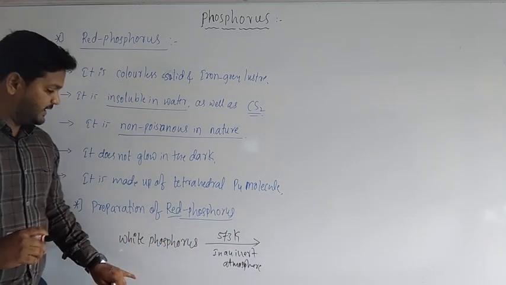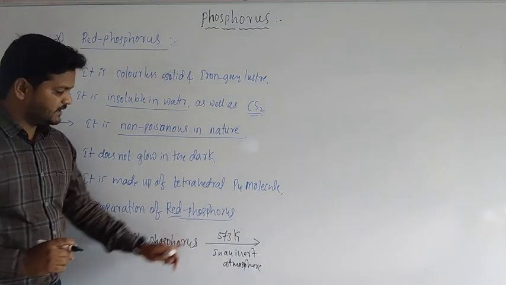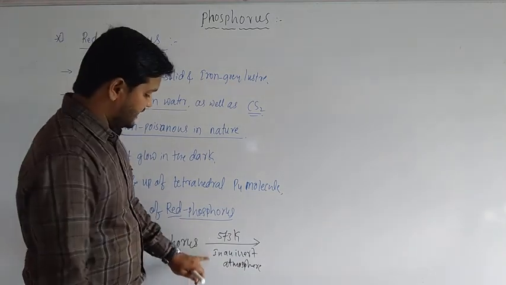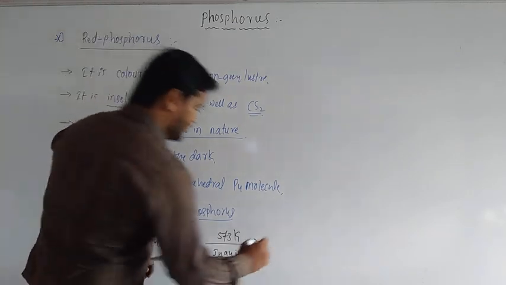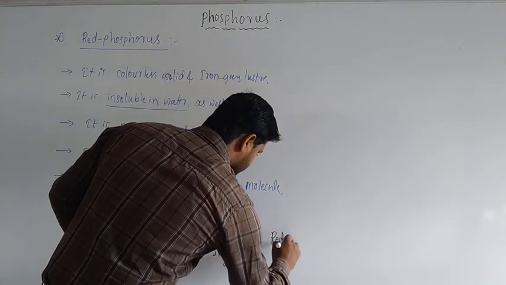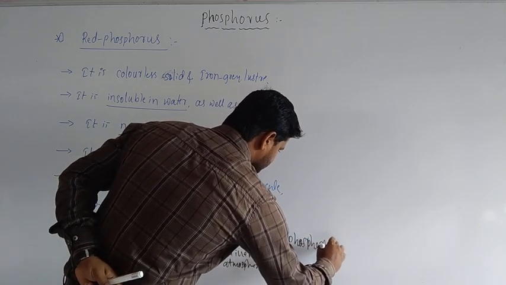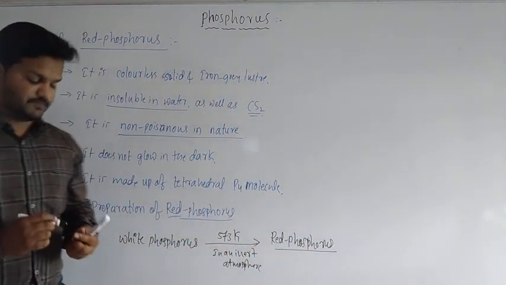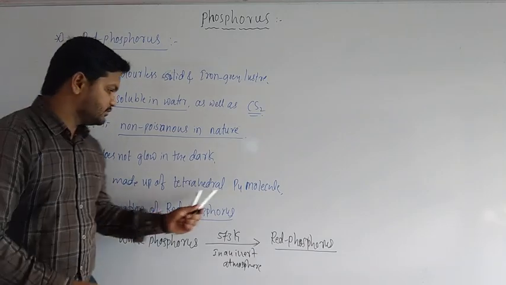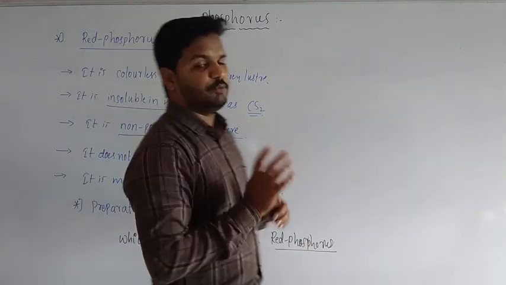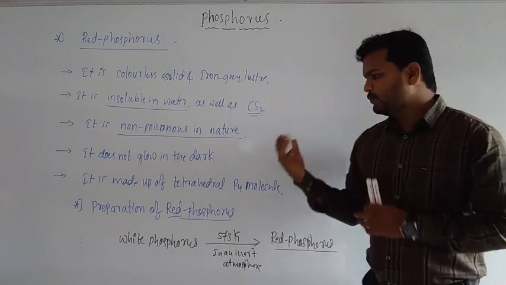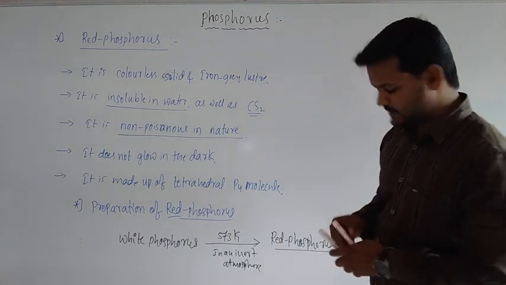Here, student, white phosphorus is heated at 573 Kelvin temperature in an inert atmosphere. It gives red phosphorus. And here P4 molecules join, they polymerize to give red phosphorus.